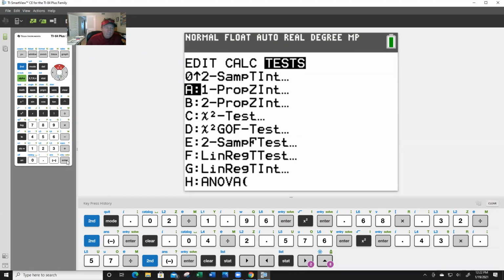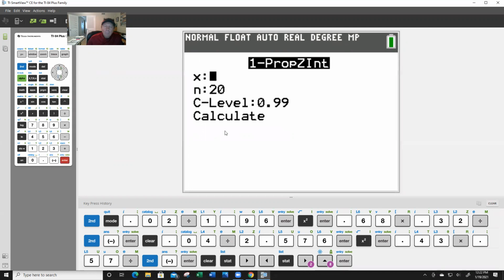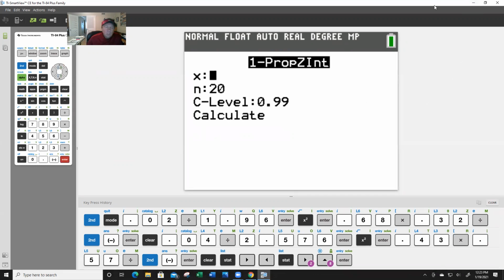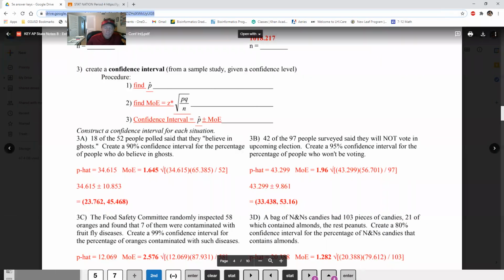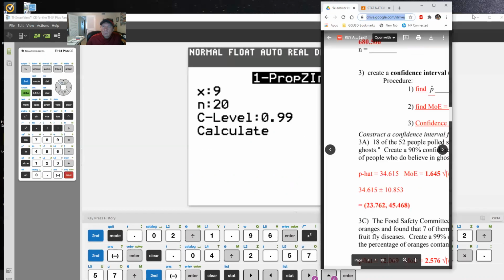Check this out. You're going to put in the fraction. I believe the fraction was 18 out of 52. Great. And 90%? No problem. This is so easy.